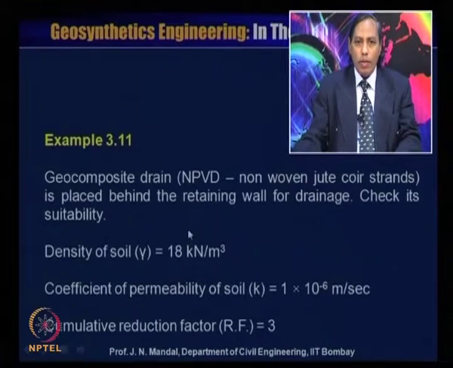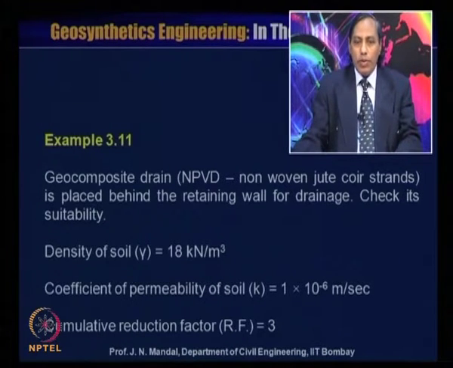But for our example, we have considered the non-woven jute coir strand as a geocomposite material, because we have performed some tests and we have some results, and we want to show you how it can be used by providing it at the back of the wall.